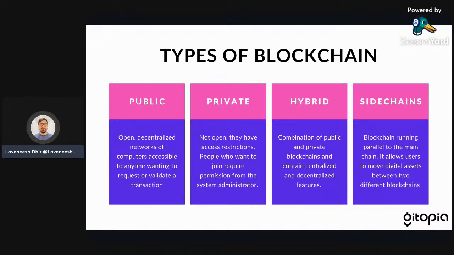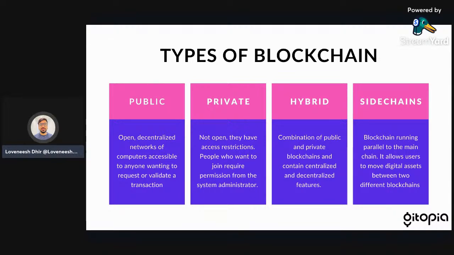There are two consensus mechanisms that we are going to discuss in detail in the next slide. Coming to the hybrid blockchain, it is a combination of public and private blockchain. It consists of both centralized and decentralized features. Some examples of hybrid blockchain are Dragonchain or R3.